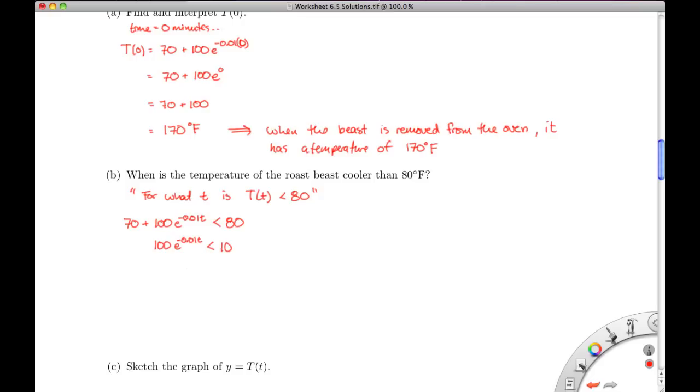I'll divide both sides by 100, and I'll get e to the negative 0.01t is less than, and that's just going to give me 0.1. So now we solve this inequality.